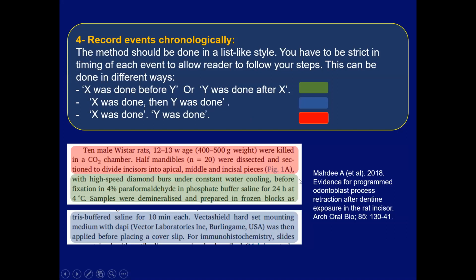For this box example, you can see: the 10 male Wistar rats, 12 to 13 weeks of age, 400 to 500 gram weight, were killed in a CO2 chamber. Half mandibles, equal to 20, were dissected and sectioned and divided, the incisor, into apical, middle, and incisal pieces.